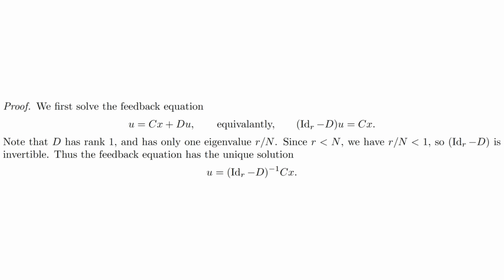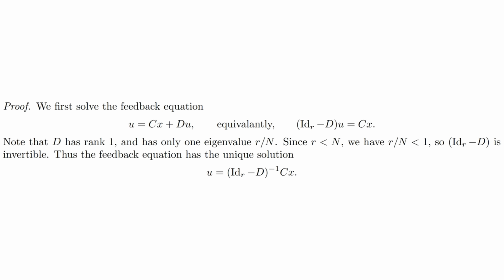Proof. We first solve the feedback equation u equal to Cx plus Du, or equivalently, (Ir minus D) times u is equal to Cx. Note that D has rank 1, and has only one eigenvalue r over N. Since r is less than N, we have r over N is less than 1, so I minus D is invertible.